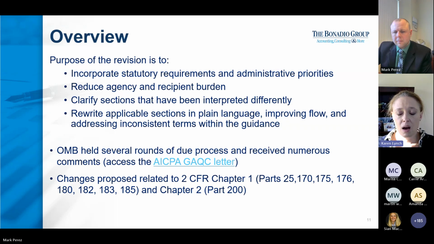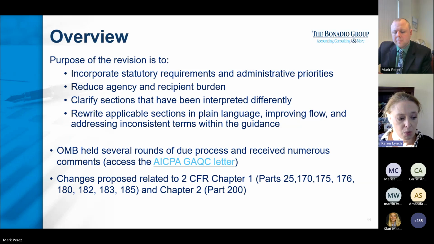There's quite a bit of comment that they take into consideration. And if you ever want to kind of see what those questions were, there's a link right here to the AICPA GAQC letter. It's several pages long. It's broken down by the various sections within uniform guidance and considerations that the OMB did take into account.